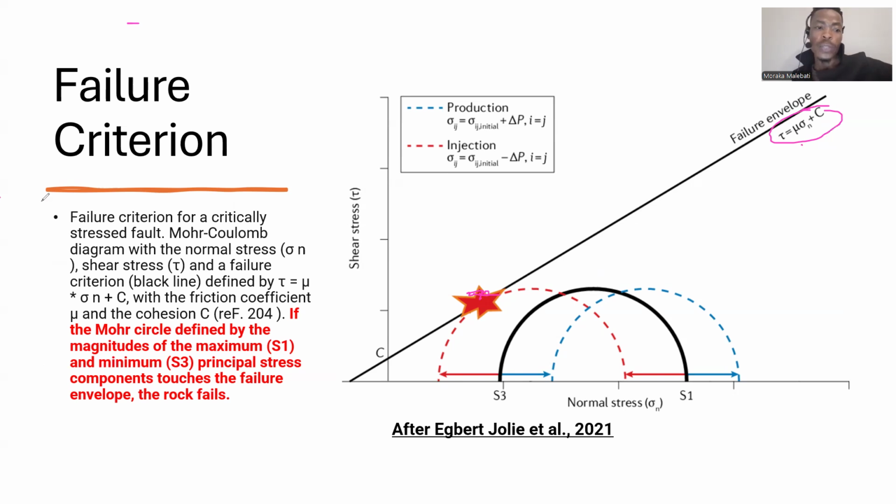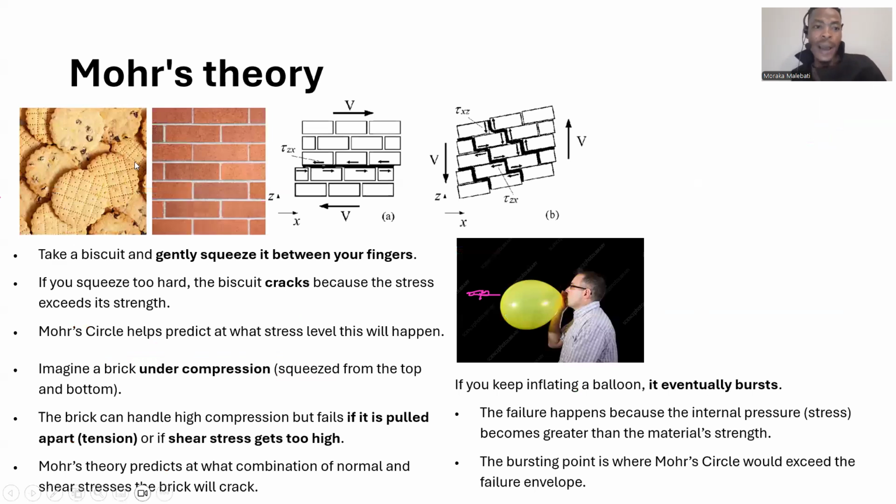This one is very interesting as well. I hope you follow. Now I gave you these three examples, so we know that if you keep inflating the balloon, it will reach a point where it starts to burst.